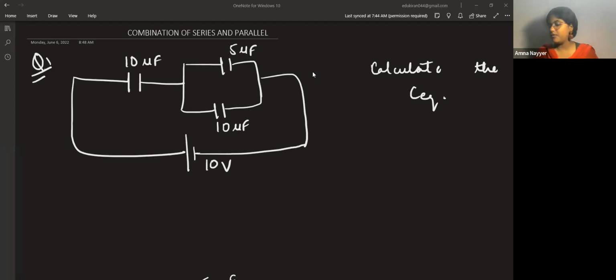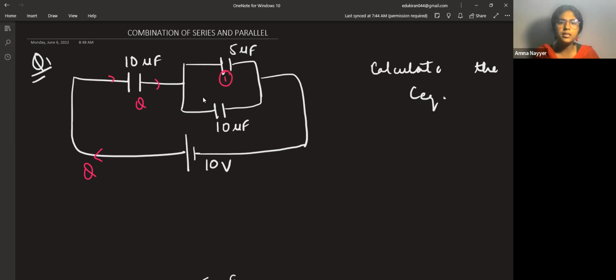So what we'll do, if we look here, some charge is flowing. When the charge is coming here, it will not change. But when the charge comes here, it will divide because of branching. It means they are connected in parallel. Let me name them.